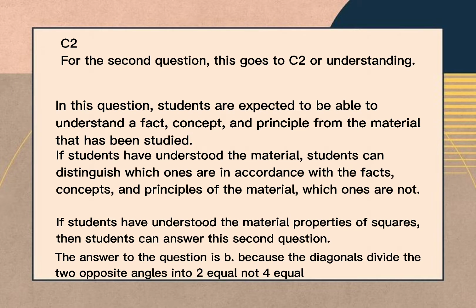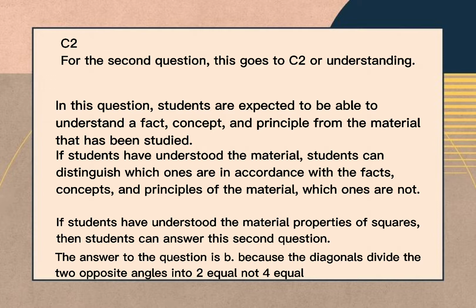For the second question, this goes to C2, or understanding. In this question, students are expected to be able to understand a concept and principle from the material that has been studied. If students have understood the material, they can distinguish which ones are in accordance with the facts, concepts, and principles of the material, and which ones are not.